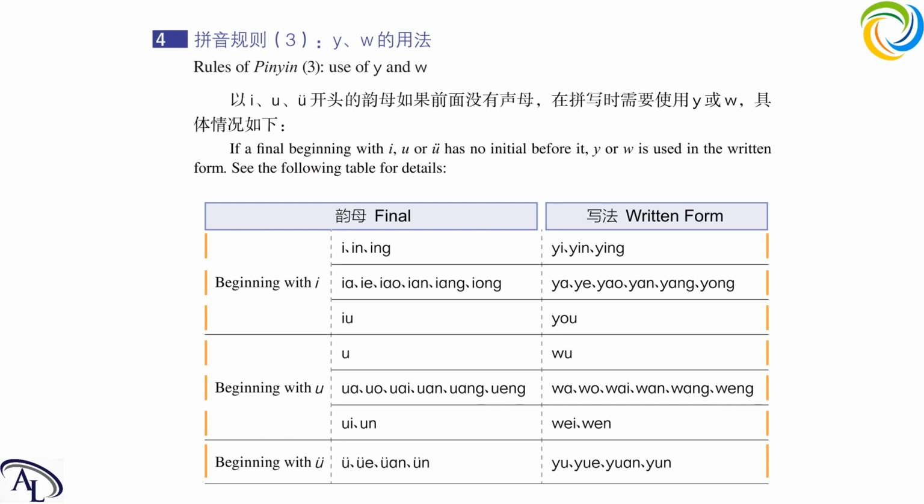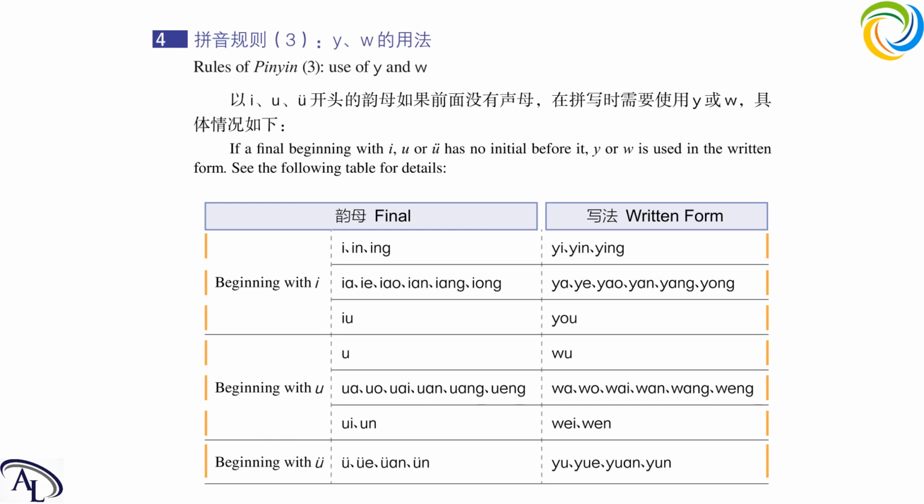For example, first situation, when the final begins with i, and here, i, in, and ing, these three finals all begin with i, right? We will write it as this. We just put this initial before it.